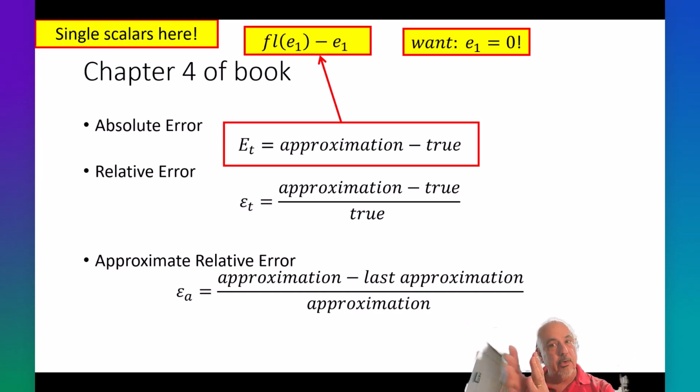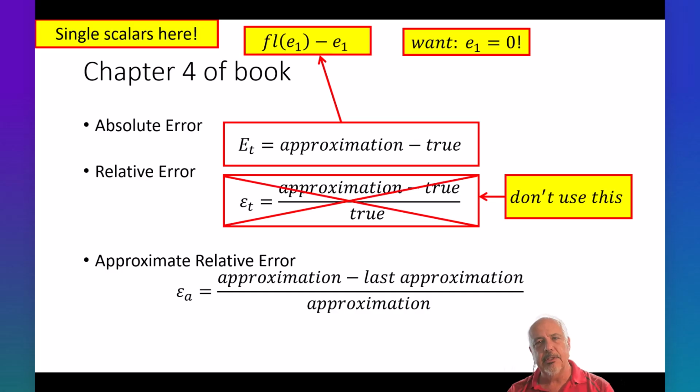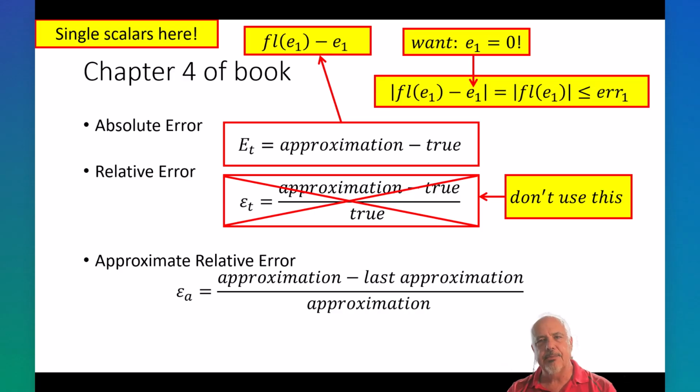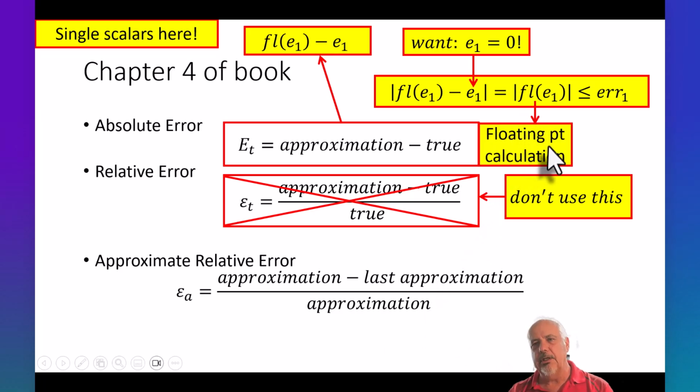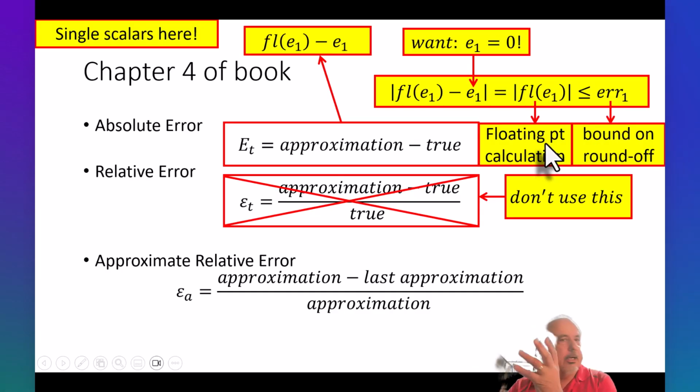We want that theoretical e1 to be 0. That's what we're trying to do, drive that to 0. We're not using the relative error here for e1. We're going to use the absolute error. If our e1 is 0, then the absolute value of our calculated floating point e1, we want that to be less than some bound on round off error.